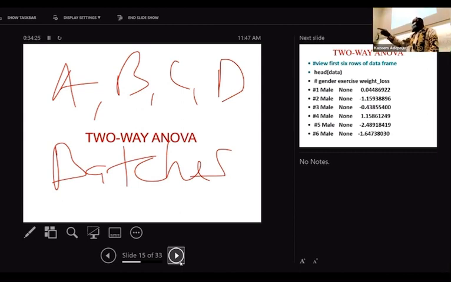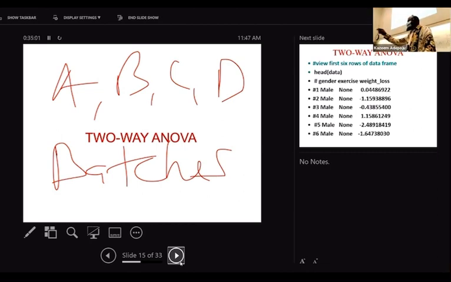The first set is on the drying method. H0: there is no significant difference in the drying method. HA, the alternative: there is significant difference in the drying method. There's going to be another set of hypotheses to test the blocking effects. What is the blocking here? Batches. The H naught is going to say there is no significant difference in batches. The alternative is going to say there is a significant difference in batches.